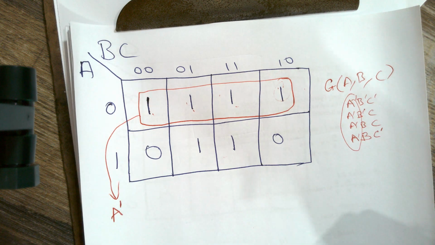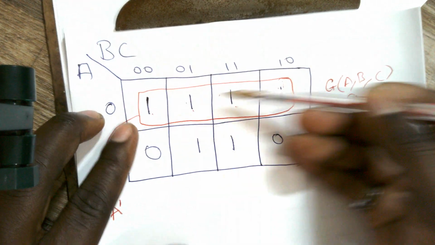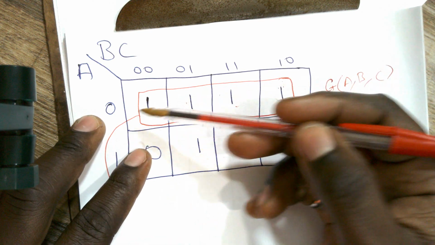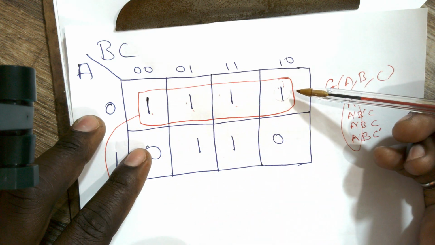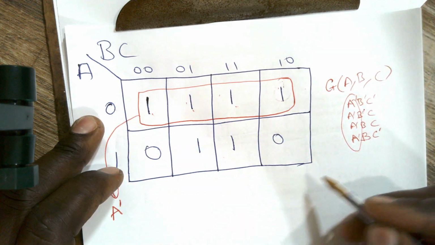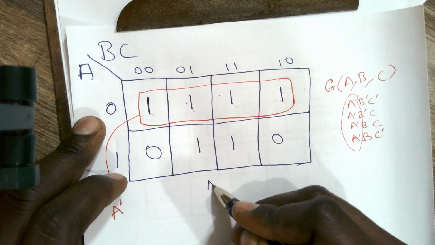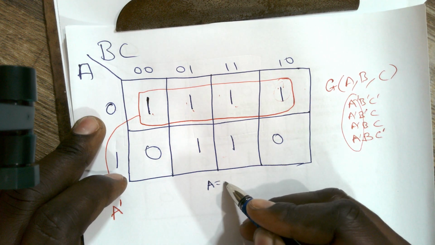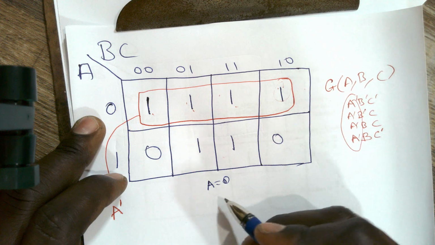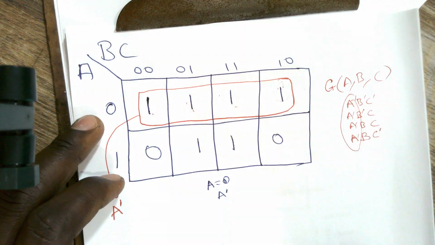If I was to use the shortcut method now, it means that I'm going to look at this expression from this direction and see what is common. A equals 0 is common. So therefore, the expression A complement is common to all of them.